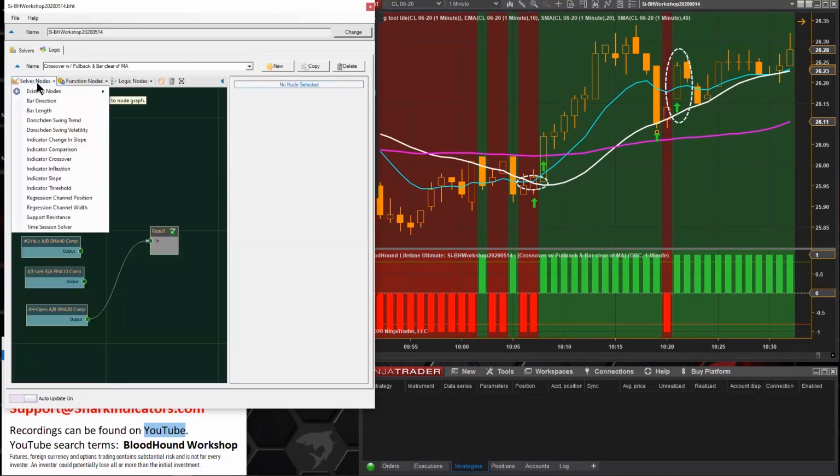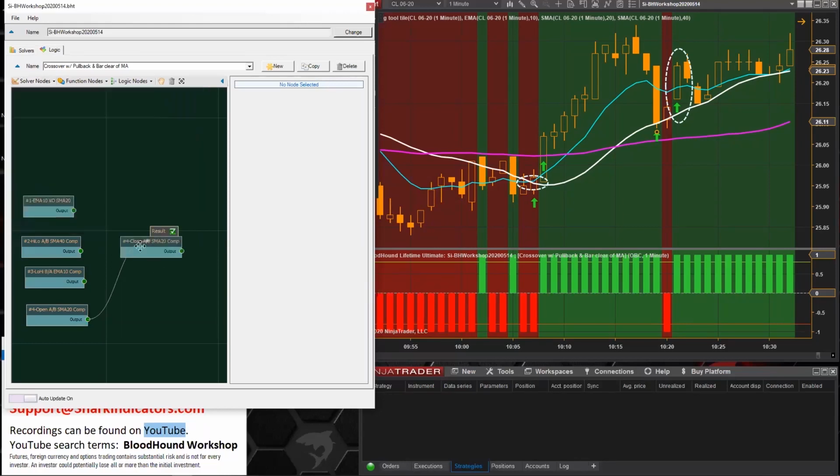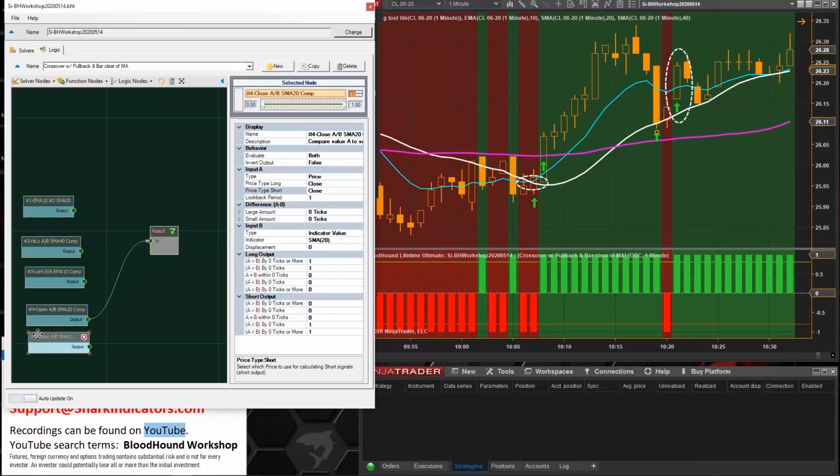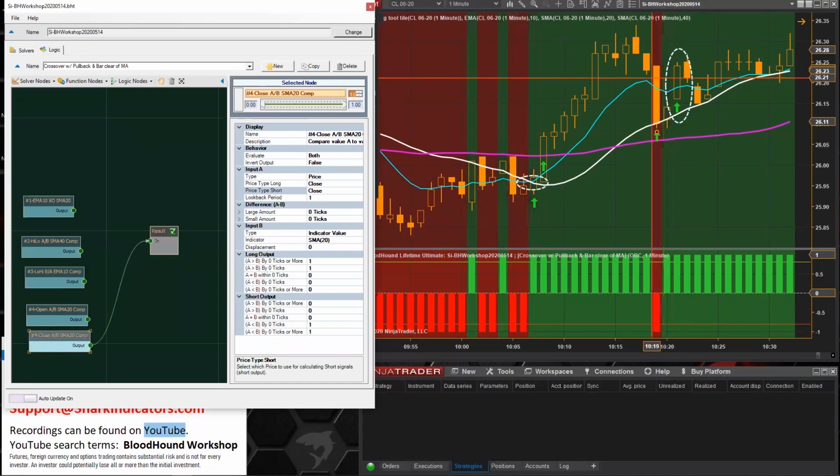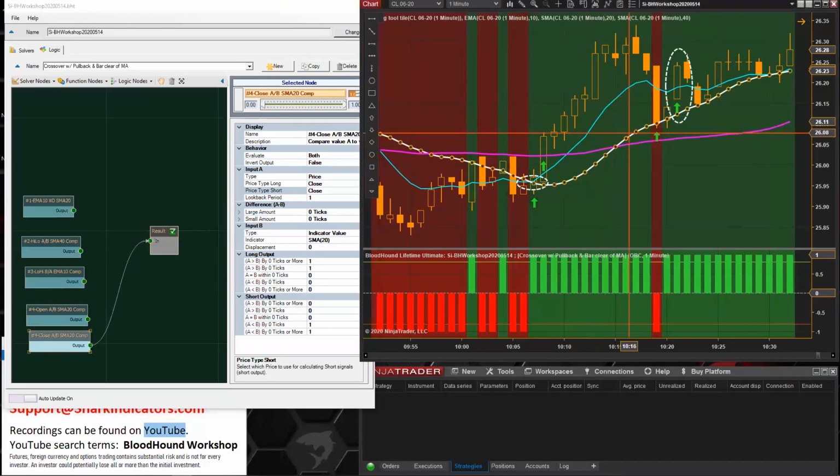And now we go to our solver nodes, existing nodes. And right there is that new solver that we just made, that says the close above or below the SMA 20. Just drop that on there and connect that up. Simply put, we can see if the closing price is above our SMA 20.